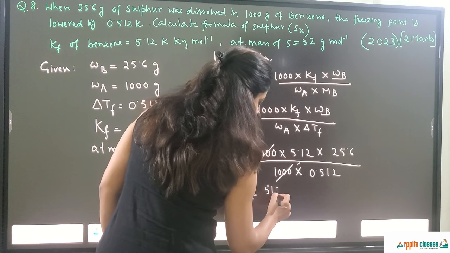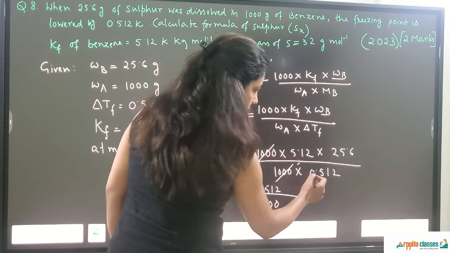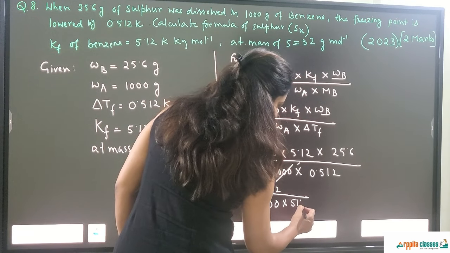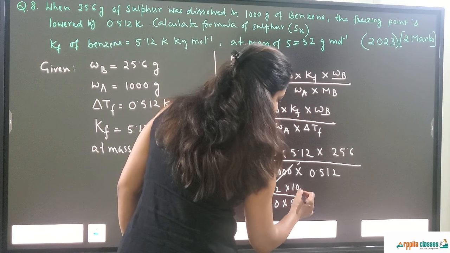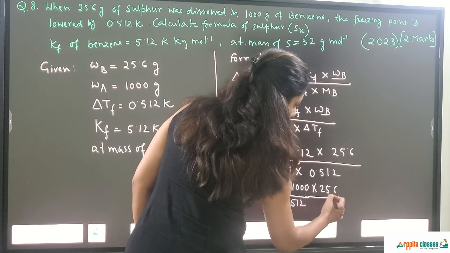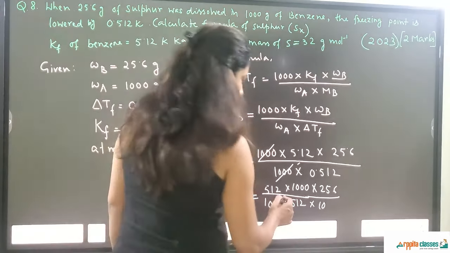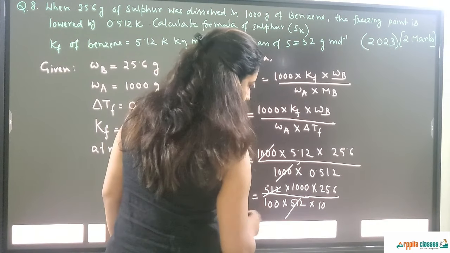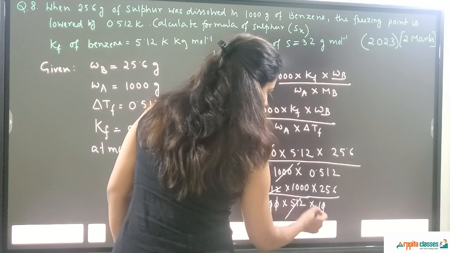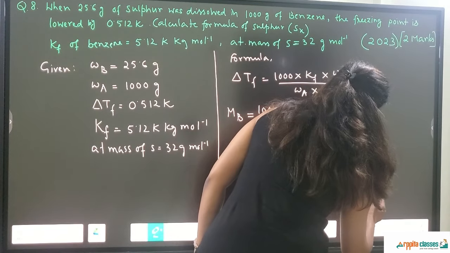So I'll write 512 upon 100 here to remove the point. This is 512 upon 1000, that 1000 will go up, into 25.6, so that will be 256 upon 10. I just removed all the points, I have taken them in fractions. So 512 gets cancelled. This 0, 0, 0 and 0, 0, 0 gets cancelled. So I get 256 gram per mole.